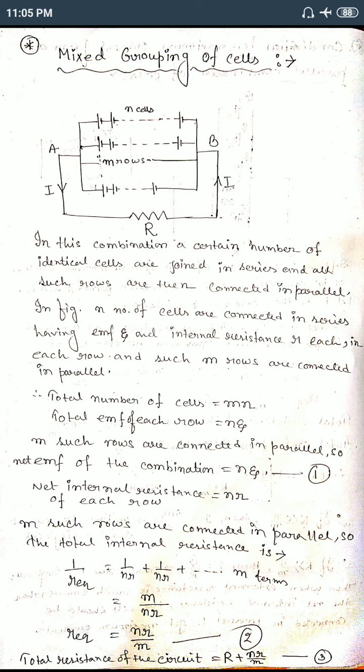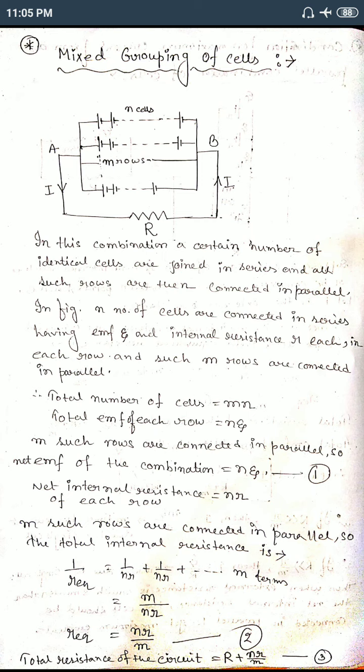Okay. Now each cell has EMF E, same EMF, and these are connected in series. So the total EMF of each row, because the cells in each row are connected in series, first row, second row, third row, is nE. First row nE, second row nE, third row nE. So that's why we mention each row, not the total circuit.